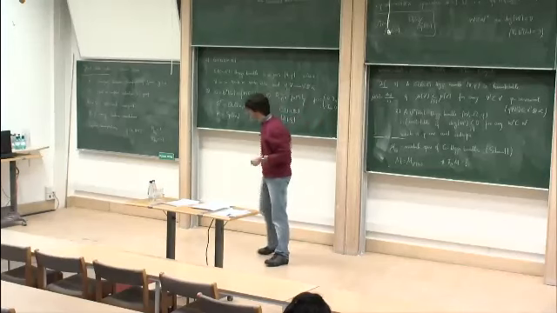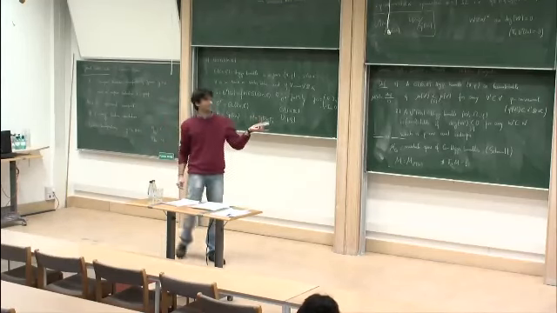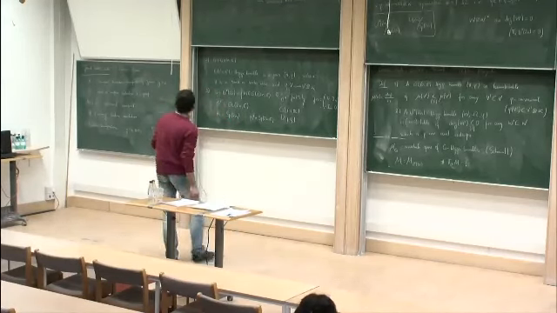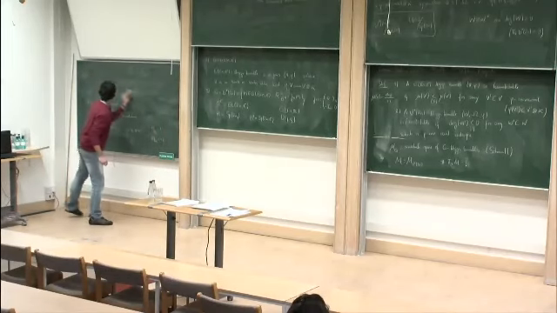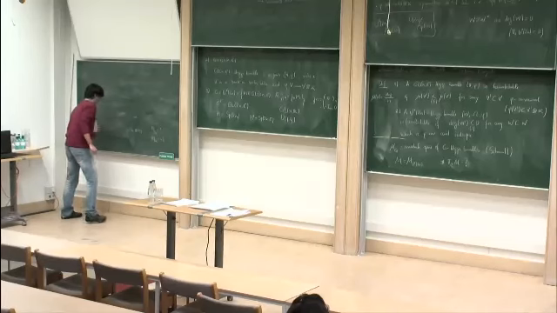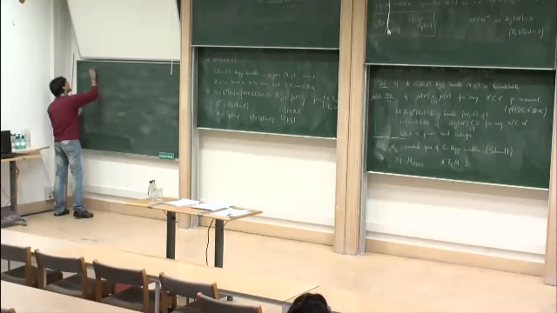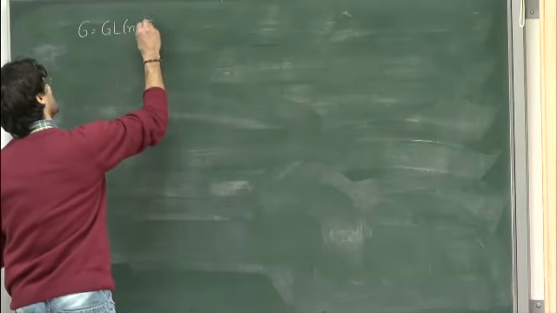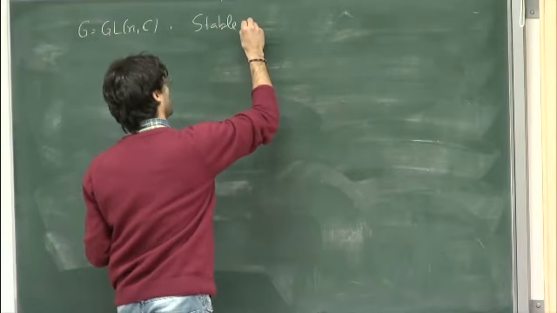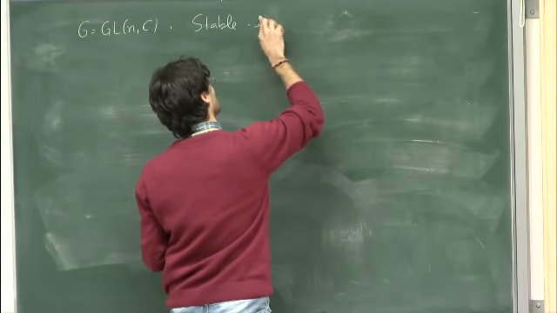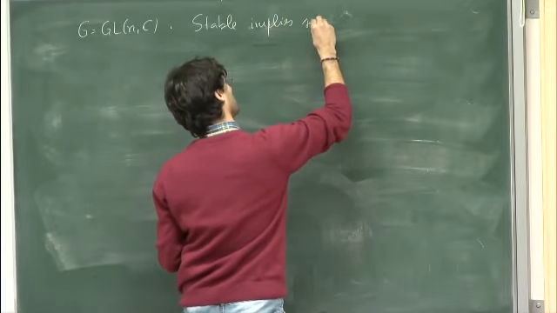Okay. So in general, stability of Higgs bundles does not imply that they are simple, contrary to what happens for vector bundles. So, for example, for G equals GL(n,C), in this case stable implies simple.